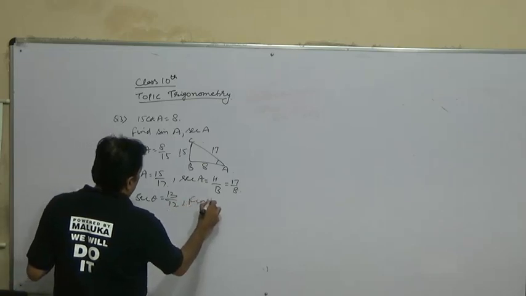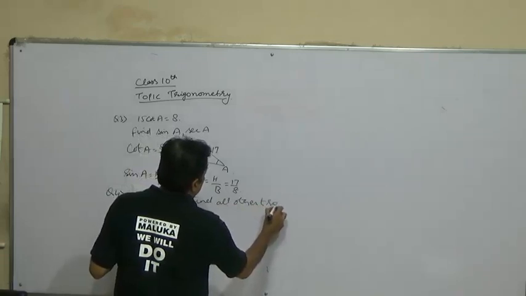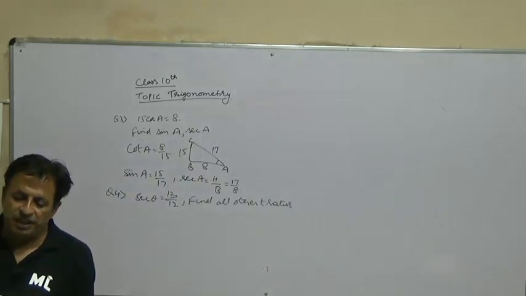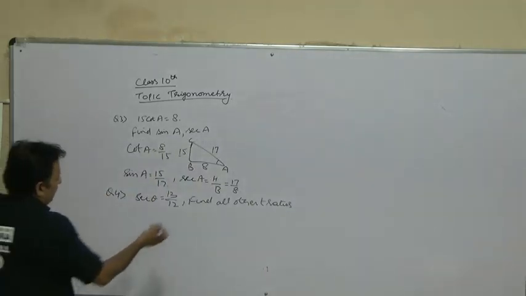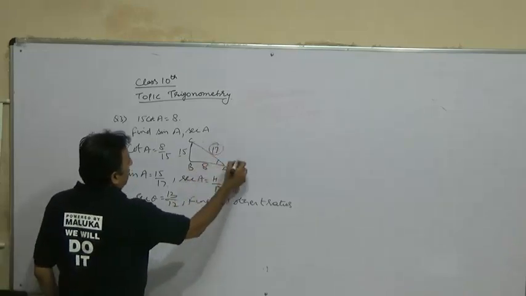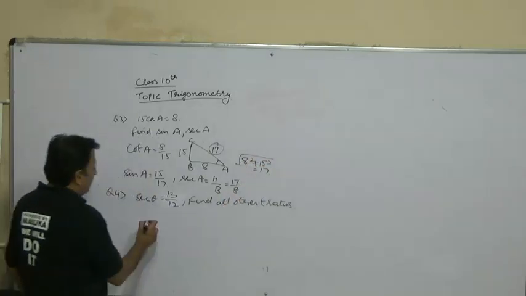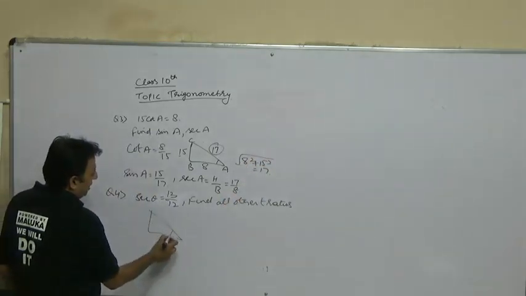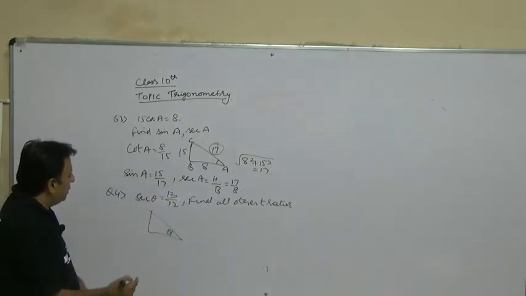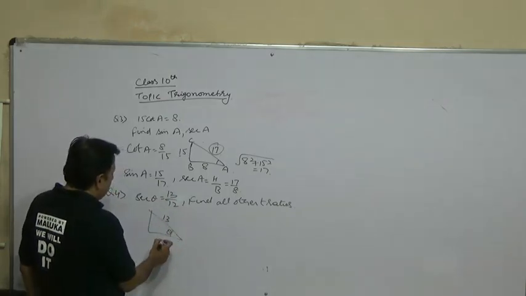Find all other t ratios. तो हमें क्या दिया हुआ है? सीकेंट थीटा दिया है, हमने बाकी सभी रेशियोज निकालनी है. यहाँ पे जैसे हमने थर्ड साइड निकाली थी, तो इसके हिसाब से हमारा सीकेंट थीटा 13 बाई 12, हाइपोटेन्यूज हमारी 13 हो जाएगी और बेस कितना होगा 12.